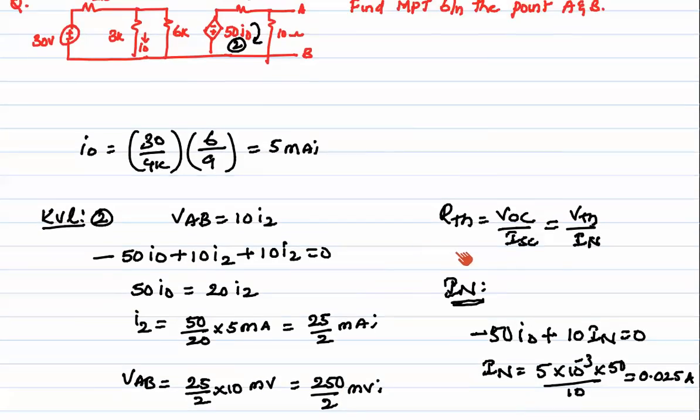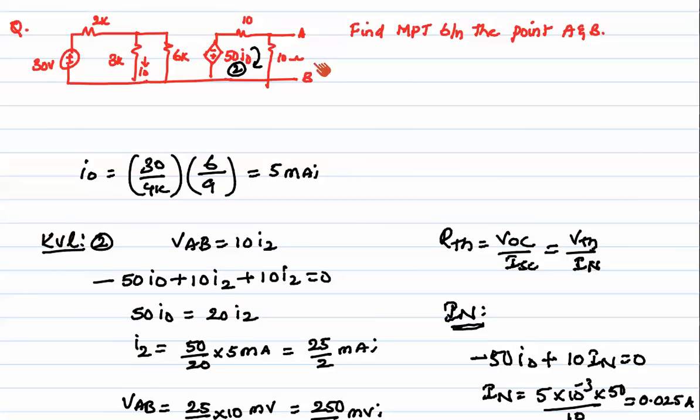In order to find IN, I will short circuit these two points A, B here, so that we get minus 50 into I0 plus 10 into IN is equal to 0. Because here we have a short circuit, the 10 ohms is not going to have any role here.